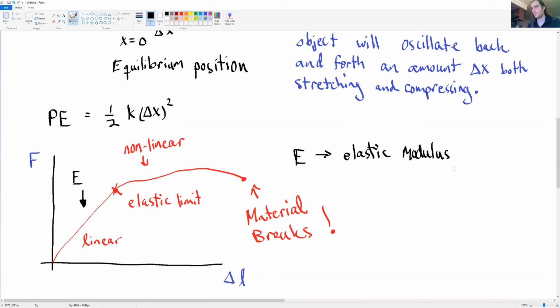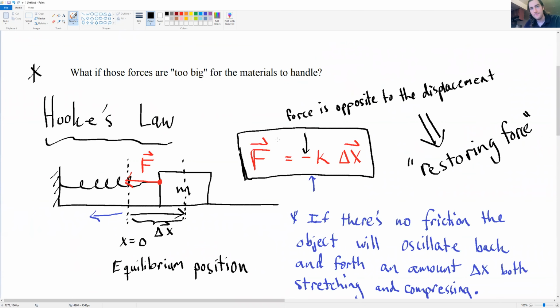So it assigns a number to the response that a material has to an applied force. We'll see exactly that in a second, which is exactly the same as Hooke's law. If we look at Hooke's law again, if I apply a force F, the constant that tells me how the material responds is K, the spring constant.